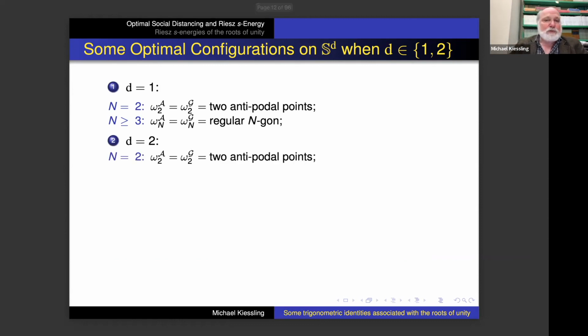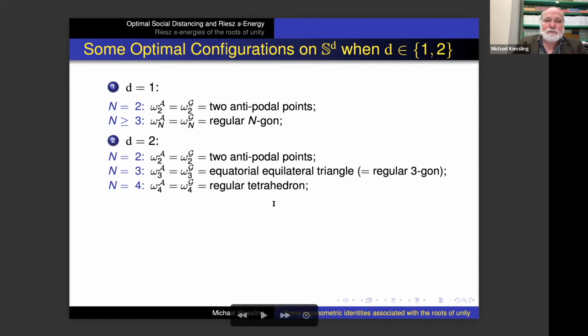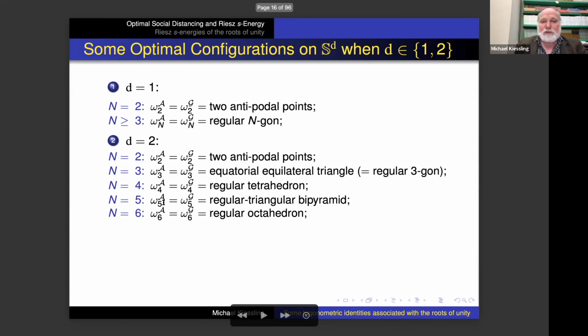With 2 points, the same story. 3 points is the regular trigon, an equatorial equilateral triangle. With 4 points, you already become 3-dimensional: a regular tetrahedron. 5 points is a regular triangular bipyramid, and 6 points is the regular octahedron. So far, the optimizers are the same, whether you take the arithmetic mean distance or the geometric mean distance.